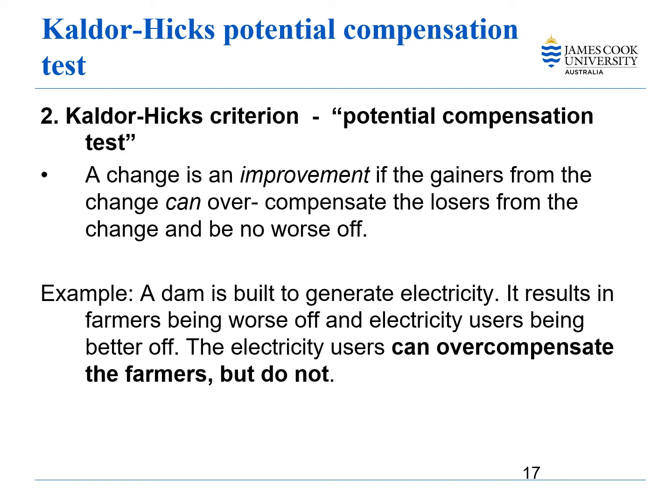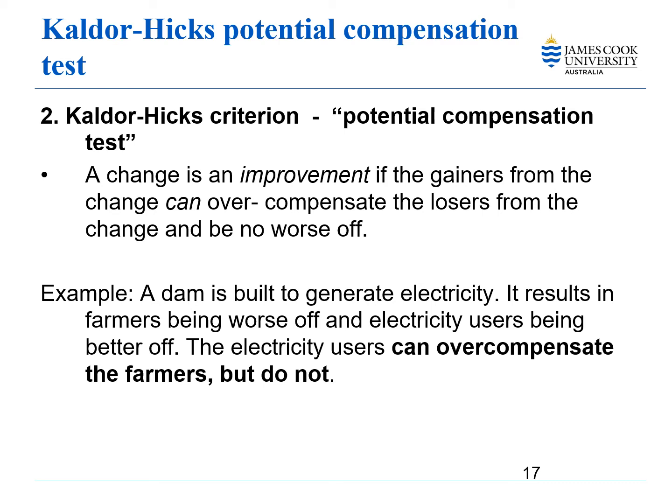For example, a project can end up making somebody better off and, at the same time, making somebody worse off. Like the dam projects, the farmers are worse off. However, in that particular example, they are compensated so that they are not worse off anymore.